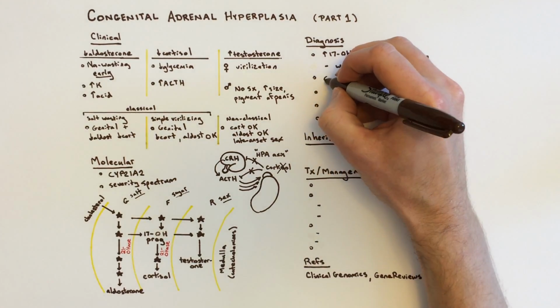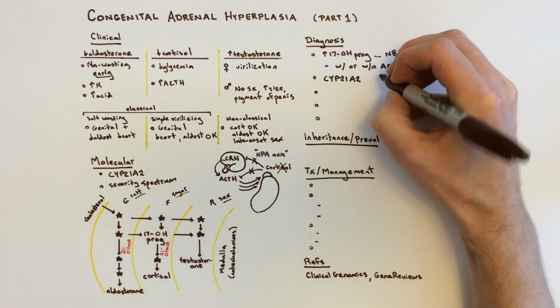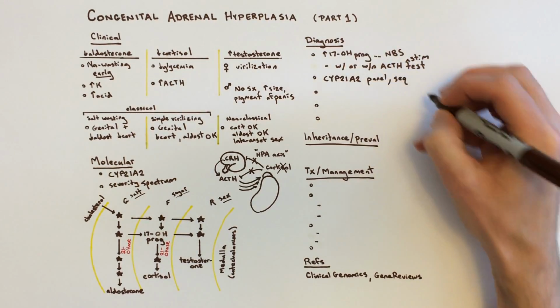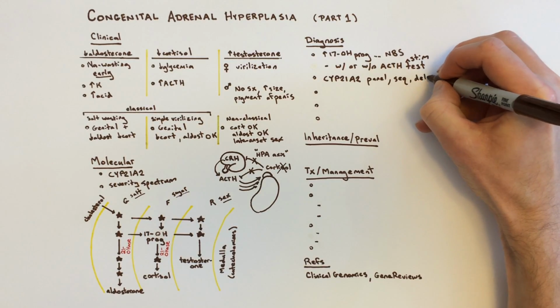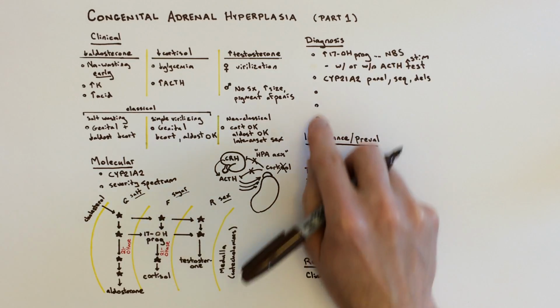Next thing you could do is actually look at the gene, and this would be a panel of mutations. You could sequence the whole gene, and you should also look for deletions in the gene, and these are all pretty high sensitivity.